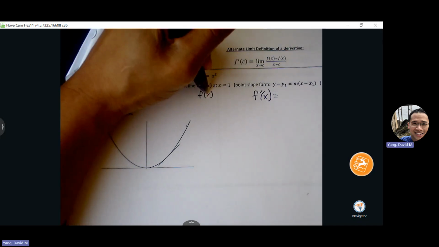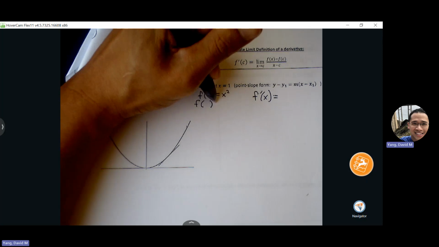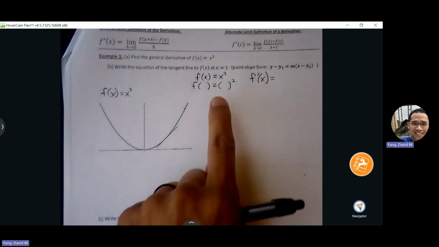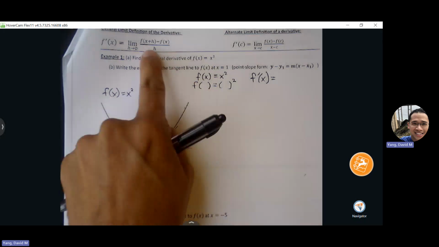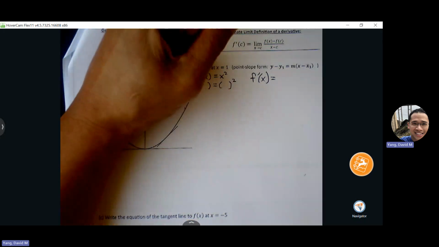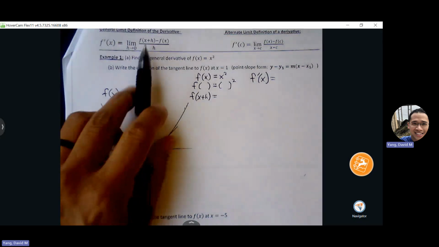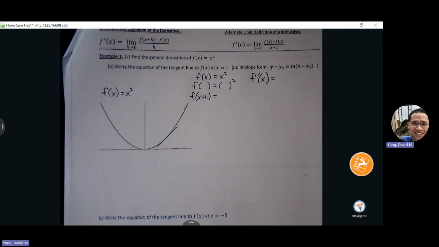So we know f of x is x squared, right? And if I just have a reserved spot for where that x is, this is basically going to be the place where I can put in my x plus h. So f of x plus h, all it means is I am inserting x plus h into wherever the x is.